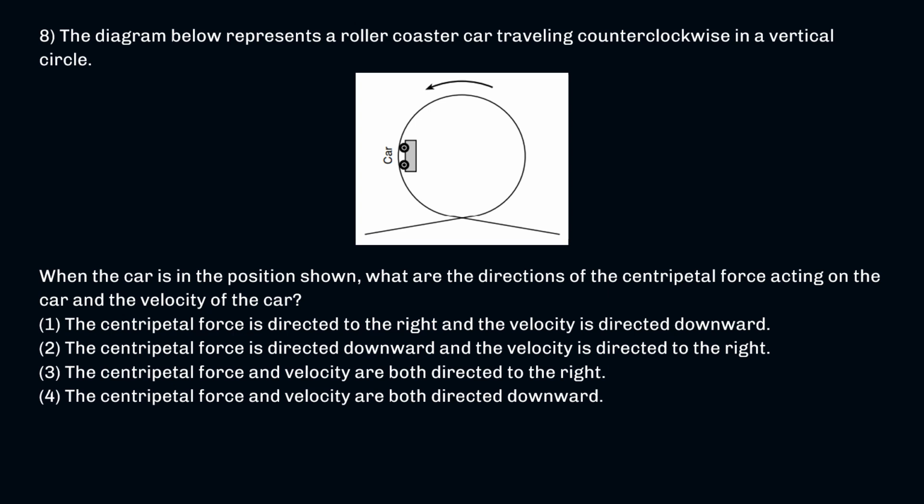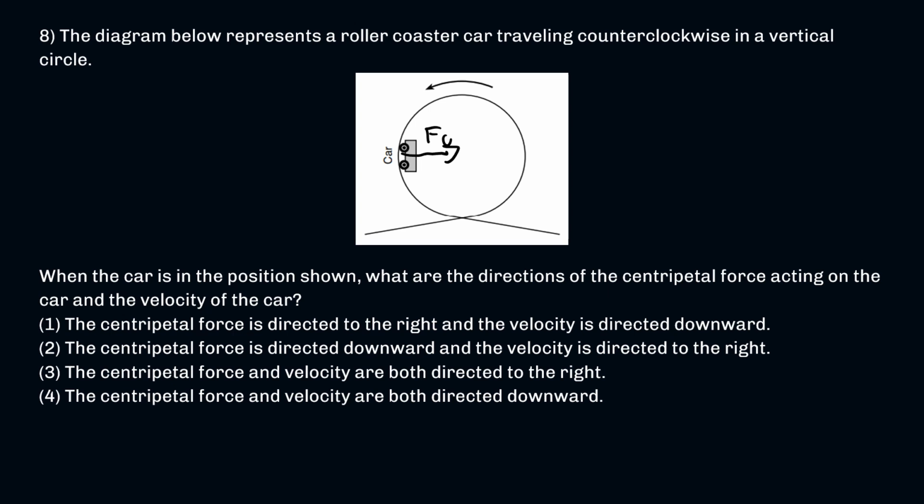That's where the net force is, so that's where my acceleration is as well. So if I'm looking for Fc, it's essentially like this. And really for Regents, all you need to do is know that centripetal force points towards the center of the circle. You don't have to make any crazy calculations in vertical circles like this. That's more of an AP idea. We just really deal with horizontal circles if it ever comes up.